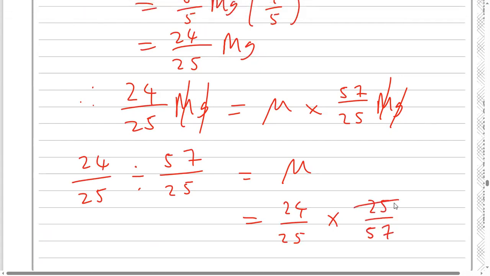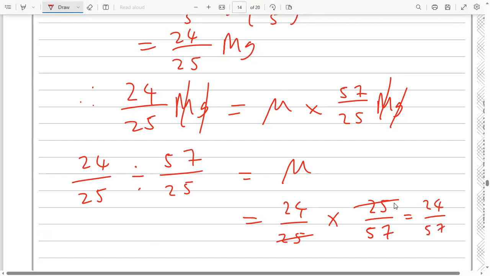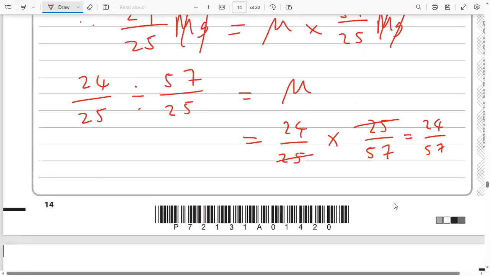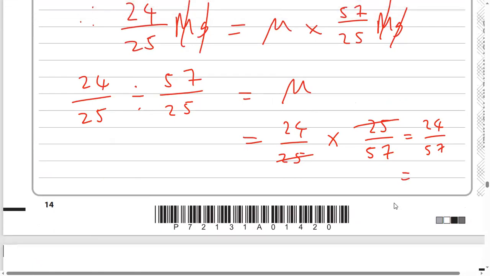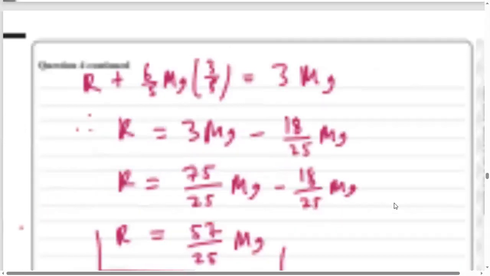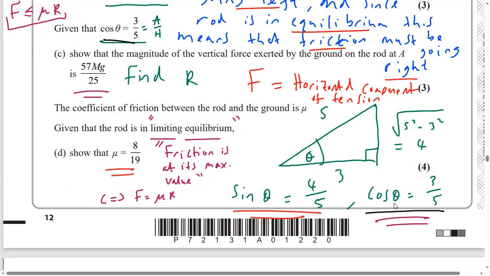The 25s cancel out, so you get 24/57. We can actually divide both numbers by 3. 24 divided by 3 is 8, and 57 divided by 3 is 19. And there we go. We get that mu is equal to 8/19, which is exactly the same as we had to get here. Okay, great.